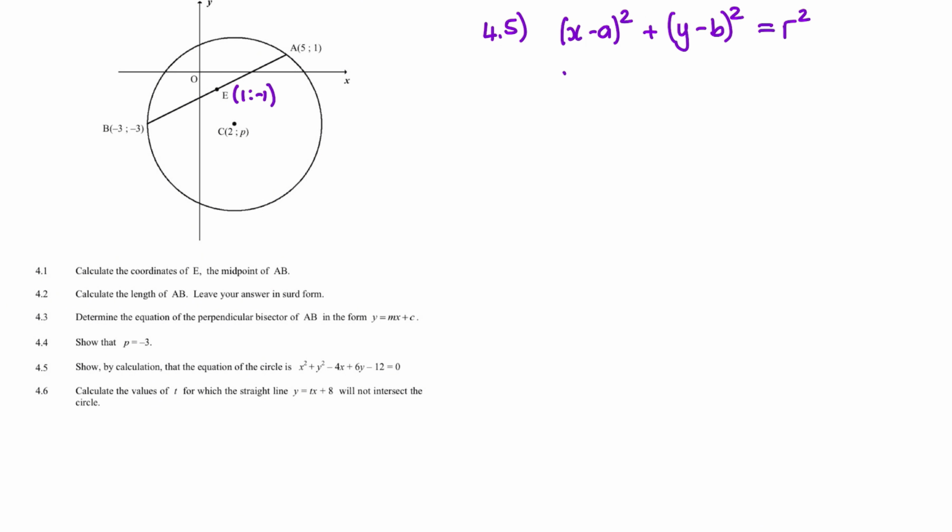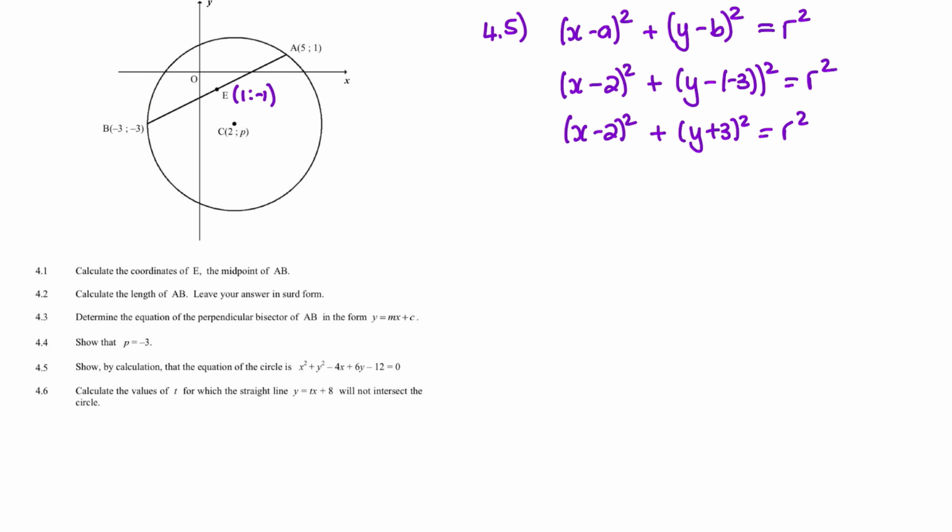So we have (x minus a), which is 2, squared, plus (y minus b), which is y minus negative 3, squared, is equal to the radius squared. So we have a partial solution to the equation of the circle. We still need to find the radius. The radius is the length of the line BC.